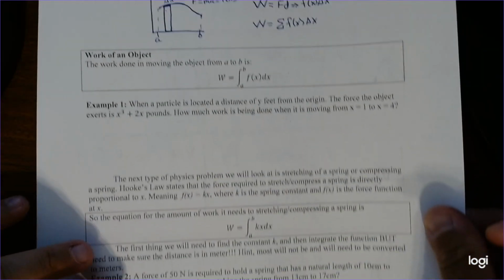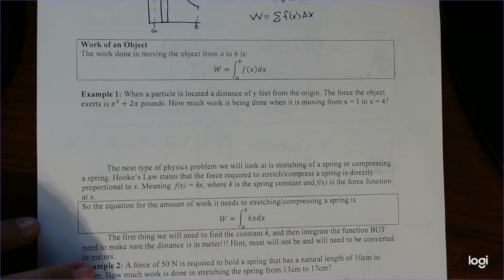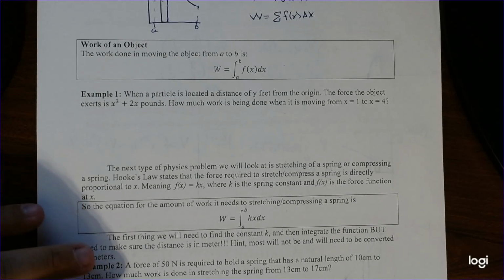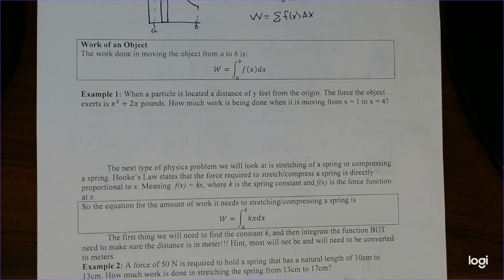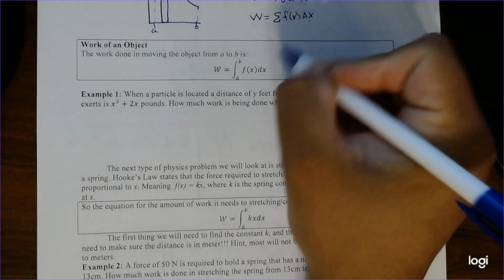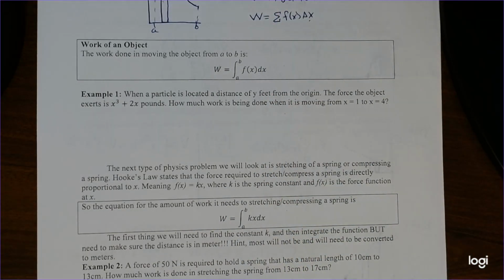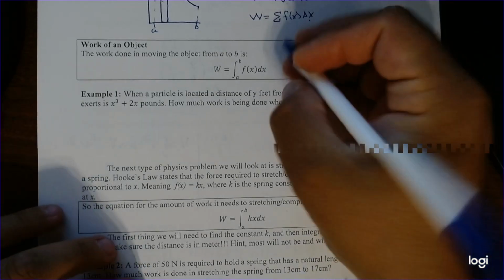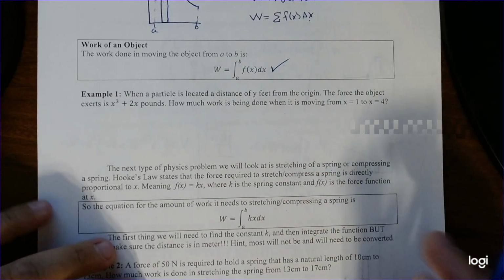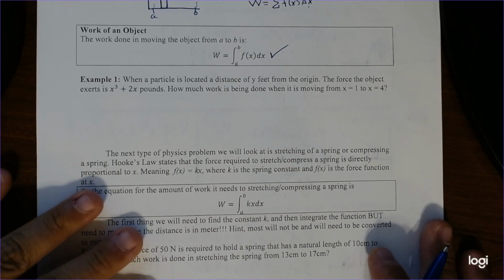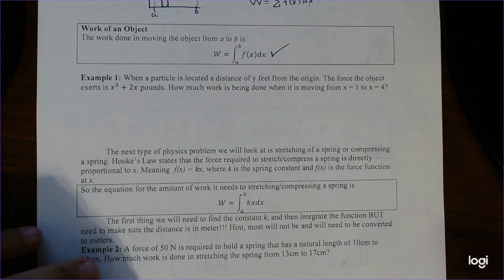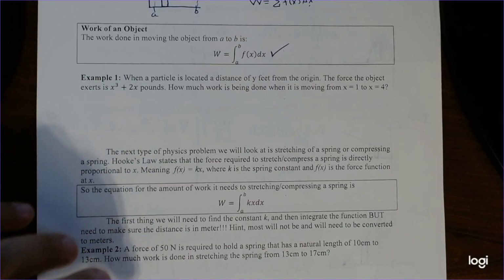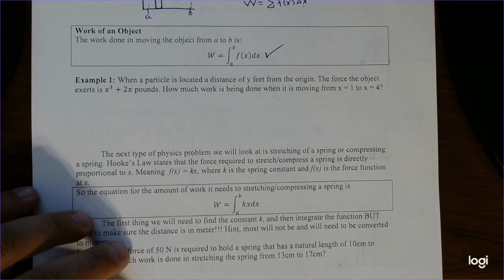So the work done in moving an object is equal to the integral of the force function f of x times dx, where the change of x is the same thing as dx, the thickness, or delta x itself. And this is the equation we're going to be using for the work an object does through a distance. So you can see how this is going to be applied in physics or in our applications.